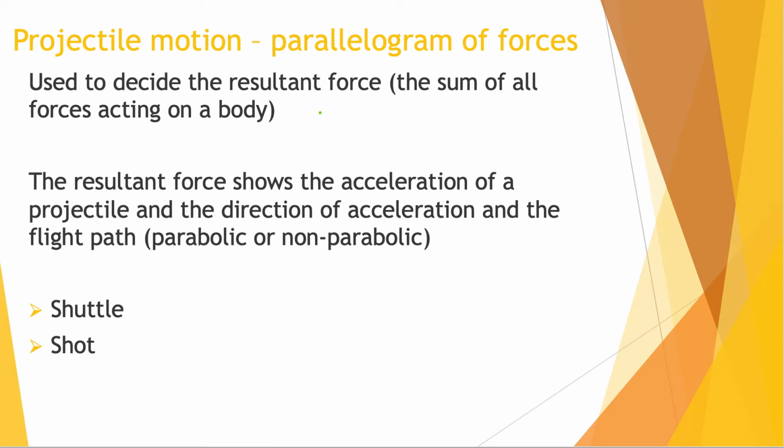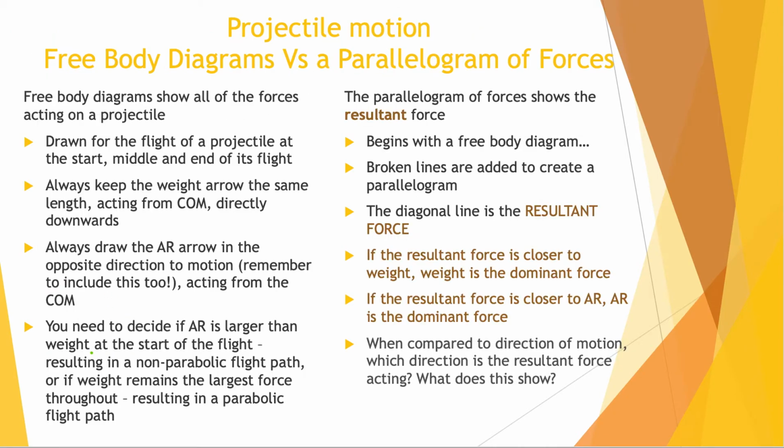What is the sum of all the forces acting on the body, and what is the result in terms of the flight path? So the resultant force shows the acceleration of the projectile and the direction of that acceleration, and the flight path, whether it's parabolic or non-parabolic. And we're going to use those same examples of a shuttle and a shot to help us work through that.